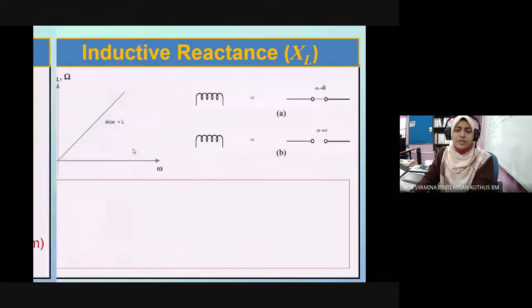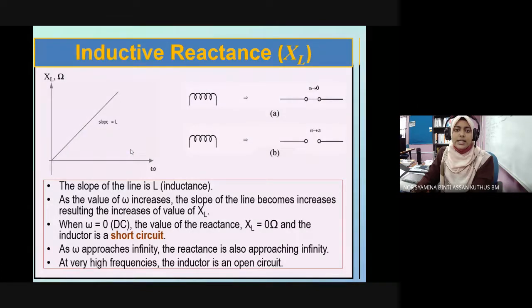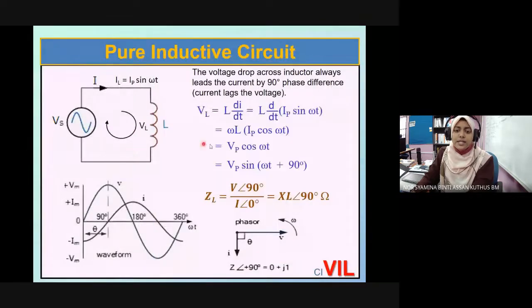Another formula, if our circuit is a pure inductive circuit, is that Z, the impedance of the inductor, equals V over I. So always remember the current and the voltage.